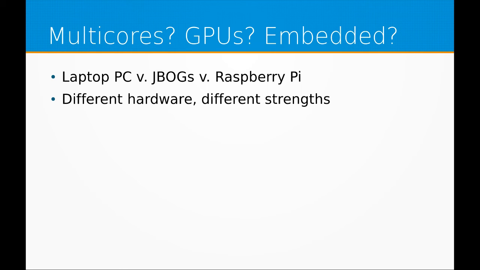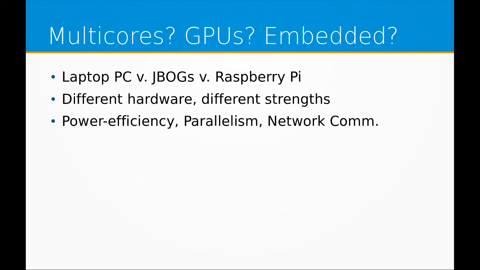JBOGs don't care about power, and they're extremely powerful, and they have a lot of memory and compute. So for example, you might not have to worry about having a sparse representation because there's enough memory, and Raspberry Pi has compute as well as power constraints.